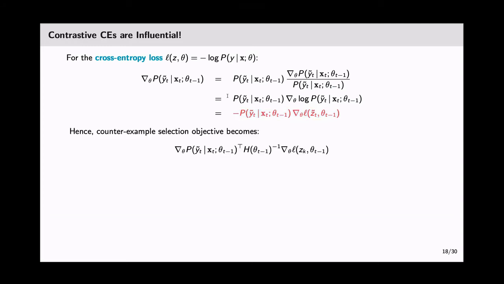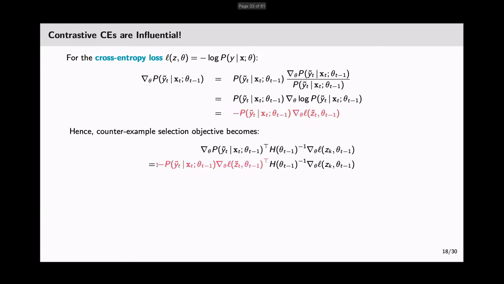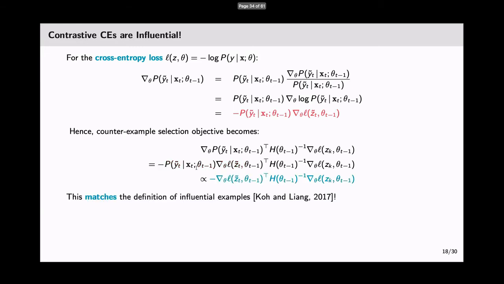Again, if we substitute this part in the previous objective, the one that we defined to select contrastive counterexamples, we obtain this formula, which basically corresponds to this one. And this matches the definition of influential example that was introduced in this work.